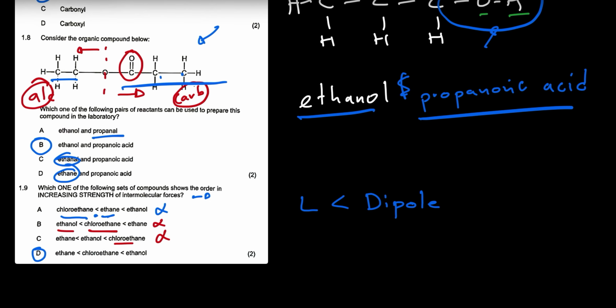So the first two are correct. And they say now we have ethanol. So the dipole are also less than the hydrogen bond. So this statement is going to be correct. We have the weakest as London, the second weakest as dipole, and the strongest as hydrogen bond.